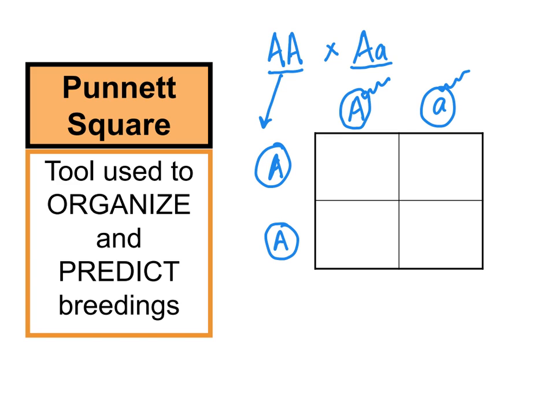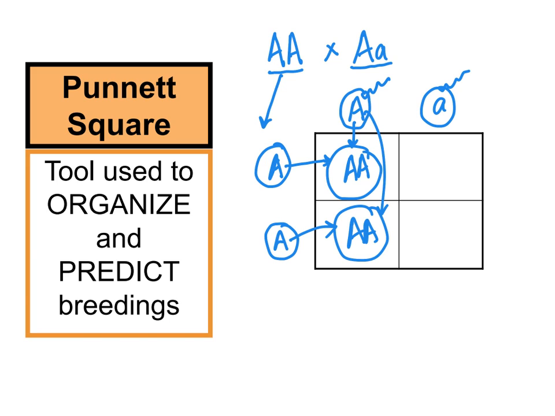The squares inside the Punnett square are actually representing fertilization. So if this sperm fertilizes this egg, we will have a big A, or homozygous dominant combination in the zygote, which is what that square represents. If this sperm actually fertilizes this egg, we get a big A combination in this zygote.